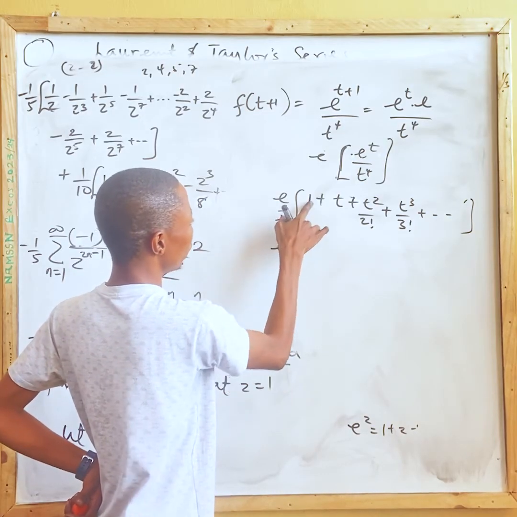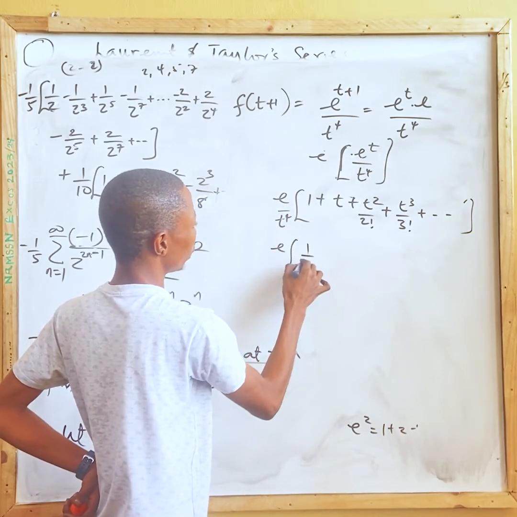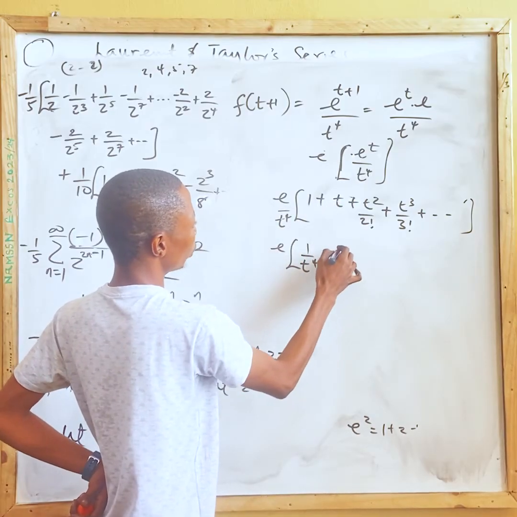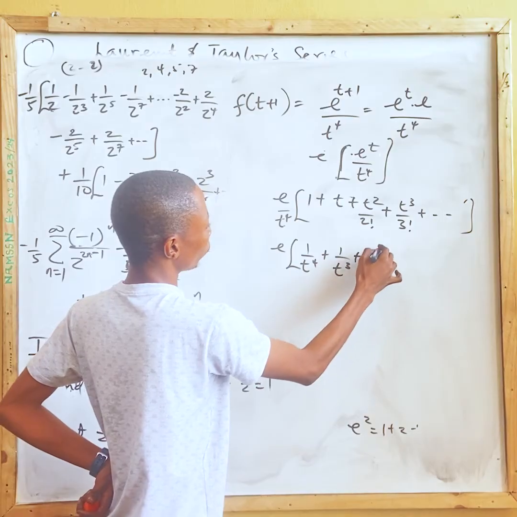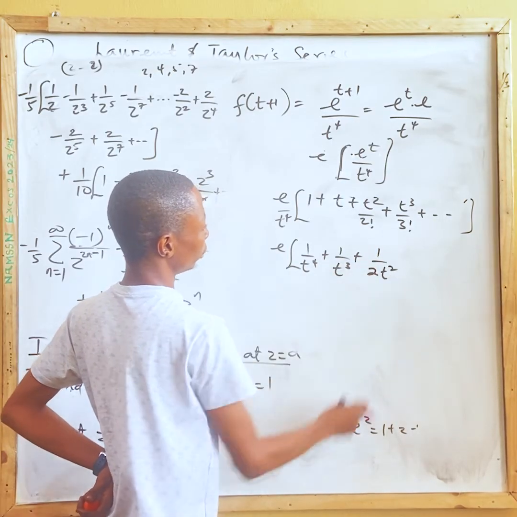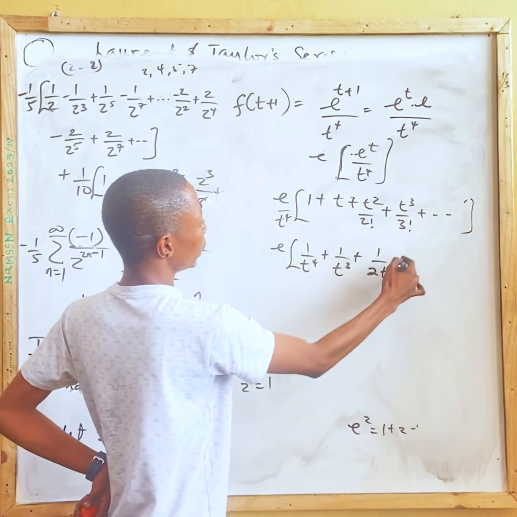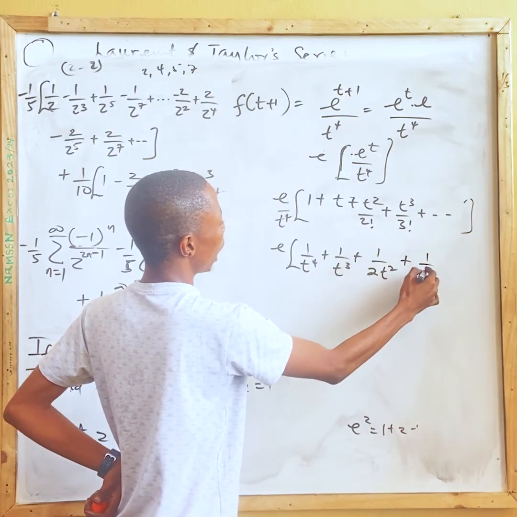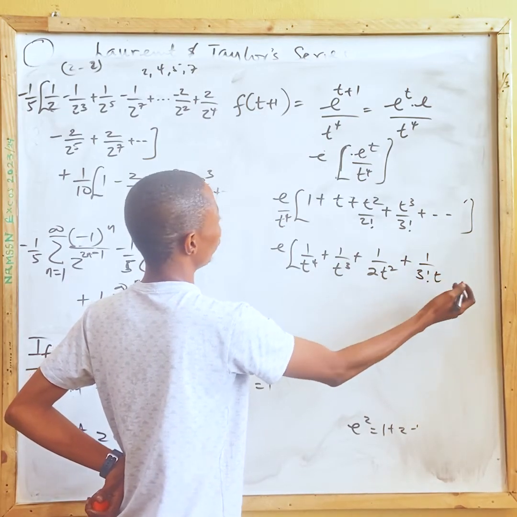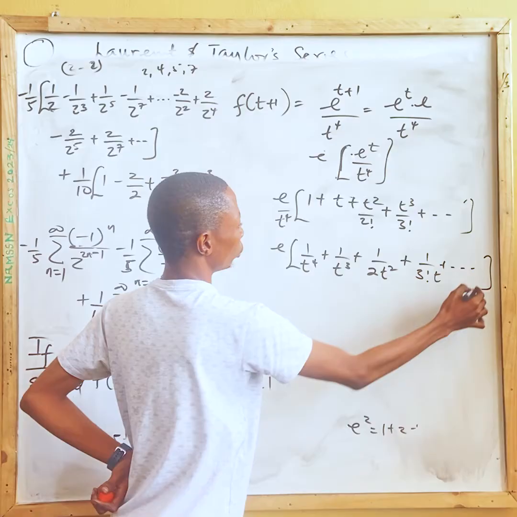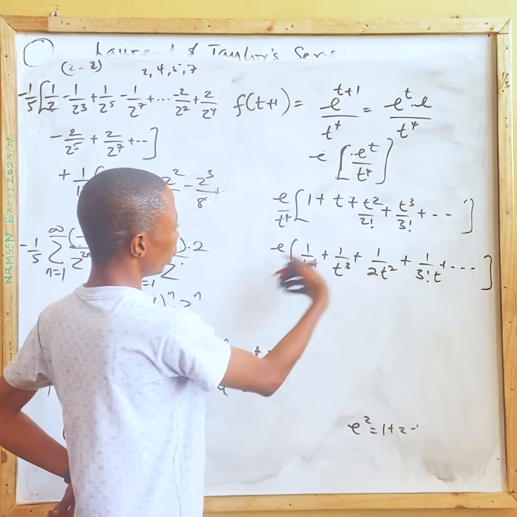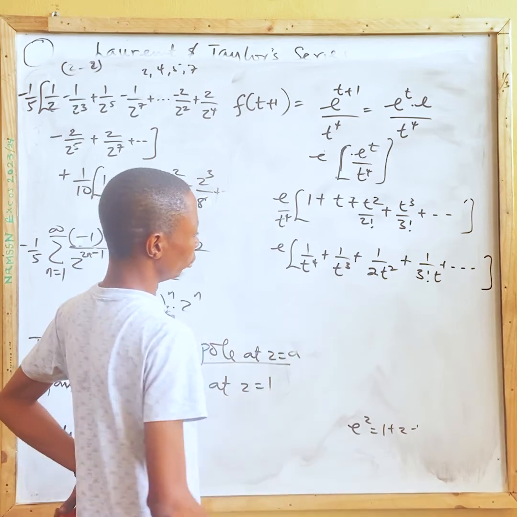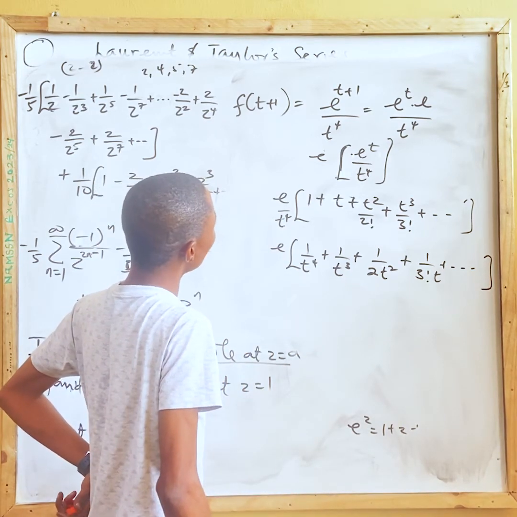So that's e times: 1 over t raised to power 4, divide the next by t raised to power 4, 1 over t cubed, then 1 over 2t squared, then 1 over 3 factorial t, and so on. That's my expansion.